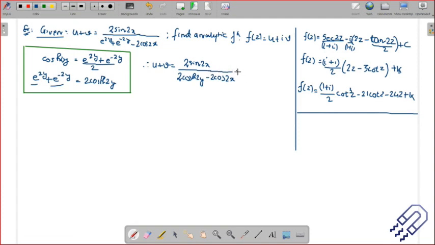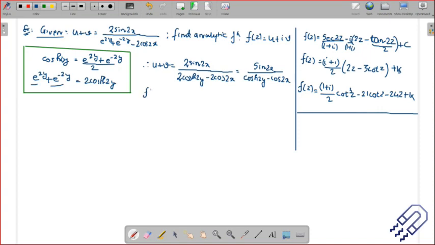So maybe I'll just get rid of these 2's. I'll write it down as sine of 2x divided by cos hyperbolic 2y minus cos 2x. So yeah, that's my f(z), right?